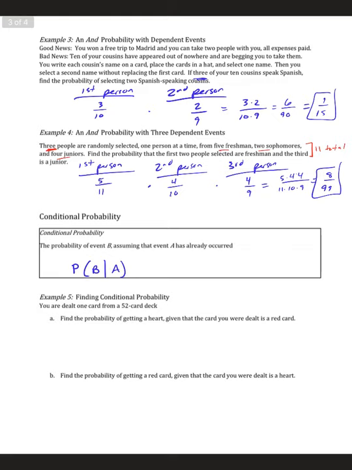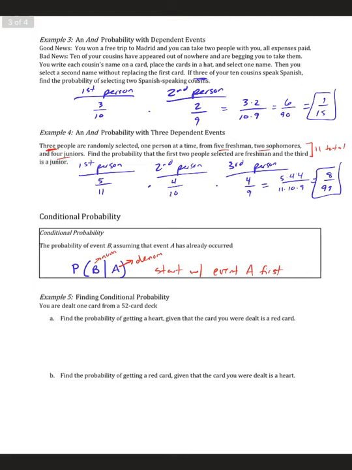Now, when we do this, we need to start with event A first. We're going to be setting up a fraction where event A is going to be our denominator, with event B as the numerator.